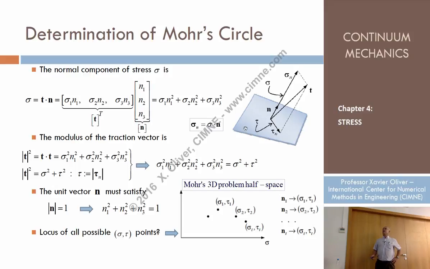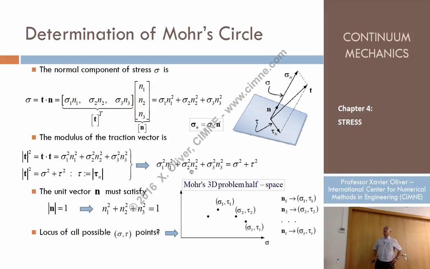Okay. Now let's look at the tangent component, and we are only concerned about the modulus of that. So the modulus tau of this vector can be computed according to the Pythagoras theorem as the modulus of t square equal to the modulus of this, which is sigma square, this sigma that I computed, plus tau square.